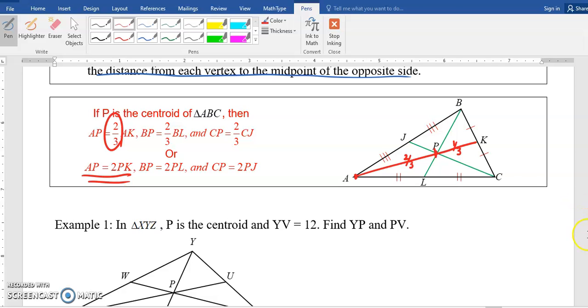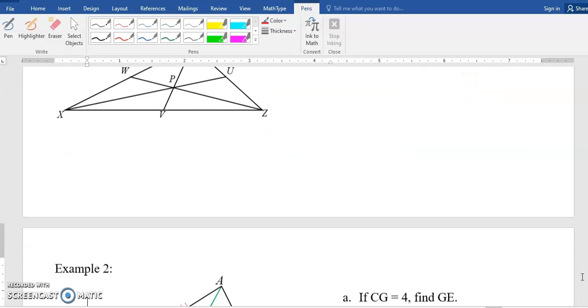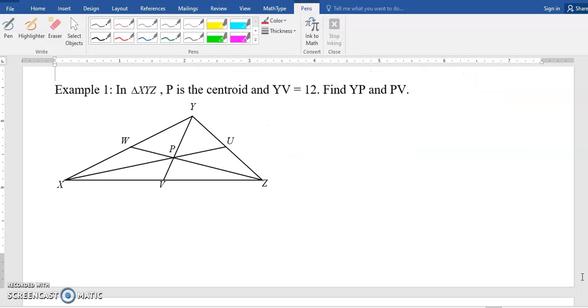So if you're told you have a centroid, like this one here, P is the centroid, and YV is 12. YV is a whole median. So if we divide that by 3, 1/3 is 4.